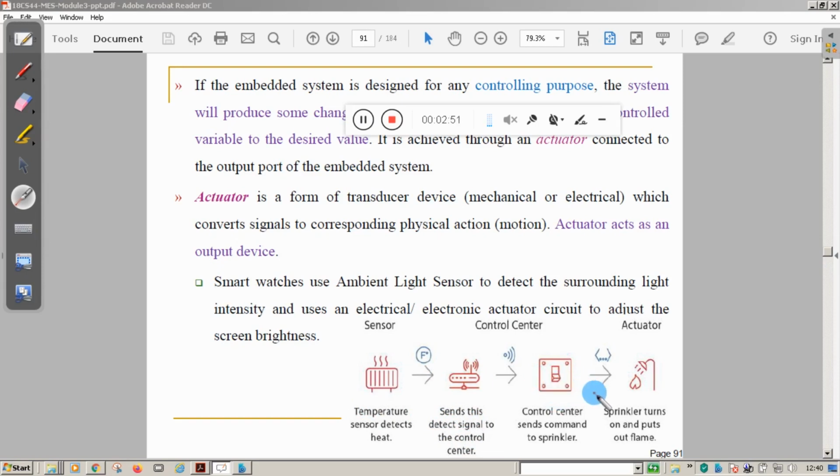Here in this case, the sprinkler turns on and puts out the flame. In such an application, the sensor acts like an input device and the actuator converts the electrical signal into physical action. What physical action will it take here? It will turn on the sprinkler and put out the flame. So that is the main job of the actuator.